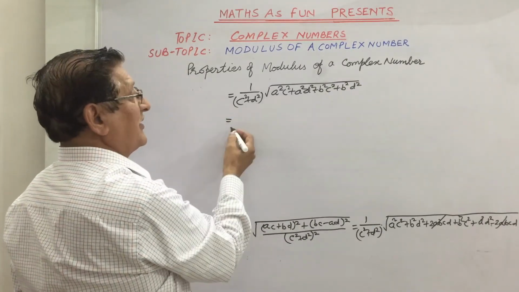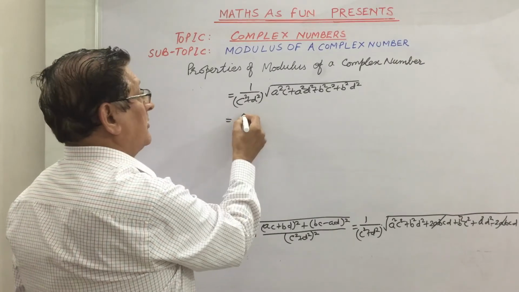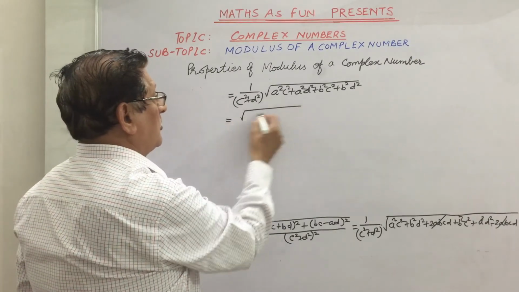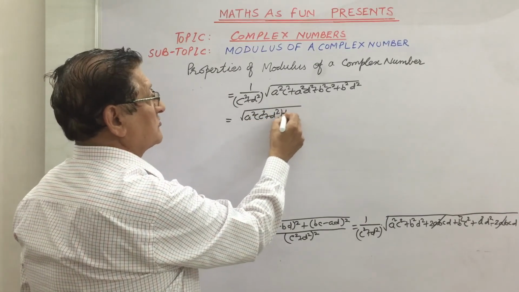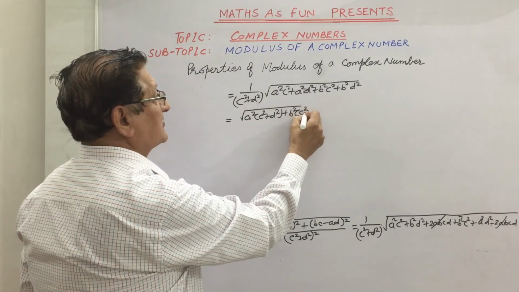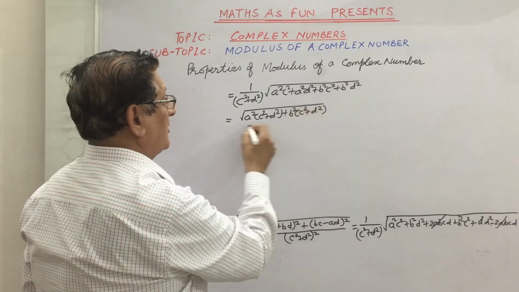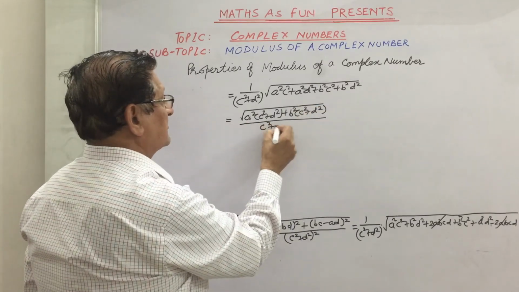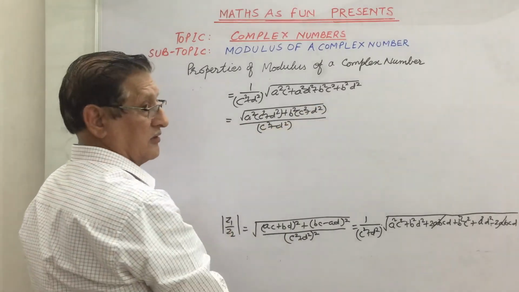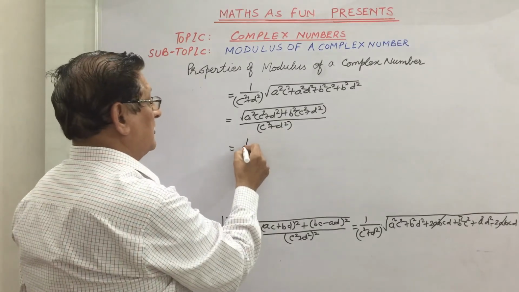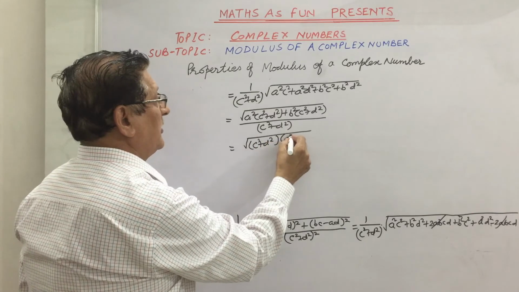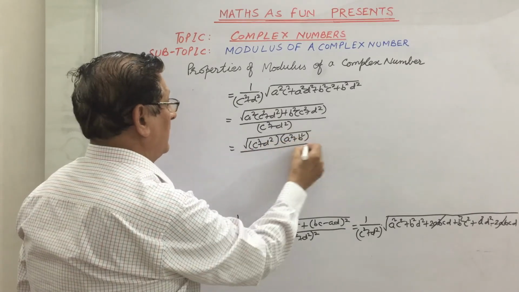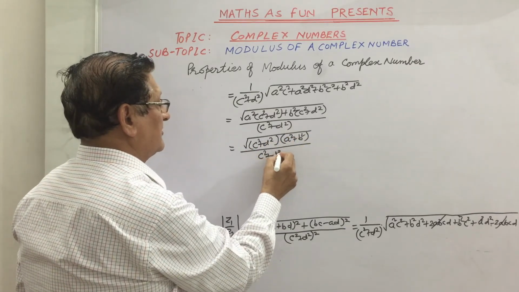This can be written as root of a square, if we take common, (c square plus d square) plus b square, we take common (c square plus d square), upon c square plus d square. And we can write this as root of (c square plus d square) into (a square plus b square) upon (c square plus d square).